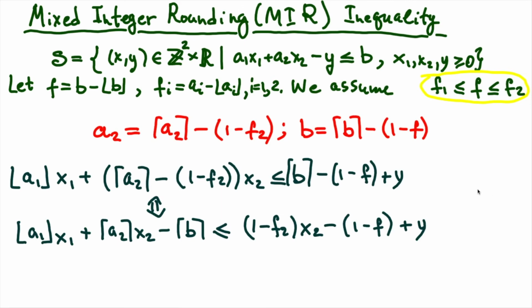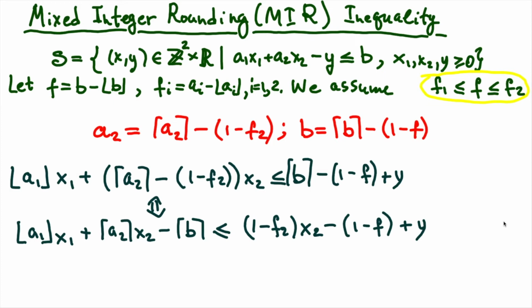Alright, mixed integer rounding. We actually used it already to derive the Gomory's mixed integer cuts, and in fact this inequality follows directly also from these elementary inequalities in 2 dimensions that we considered earlier geometrically, and this is exactly what we used to develop the mixed integer Gomory cuts.